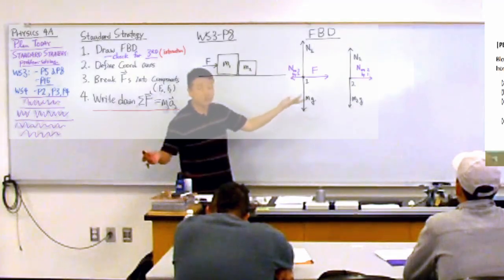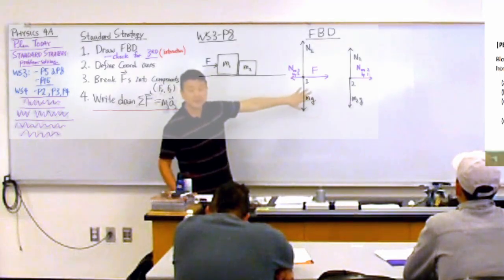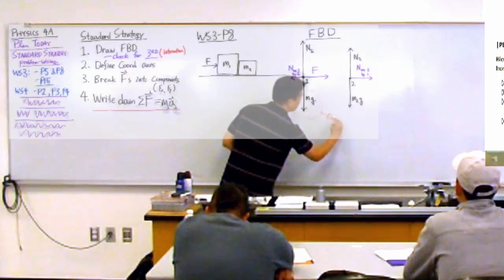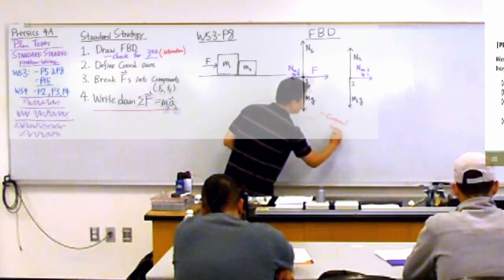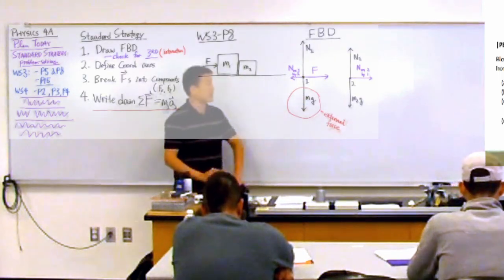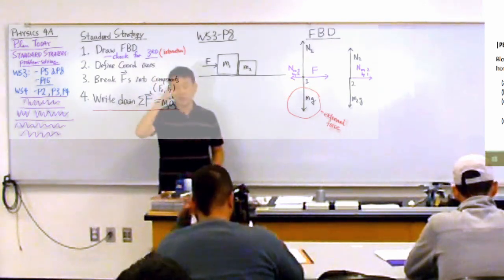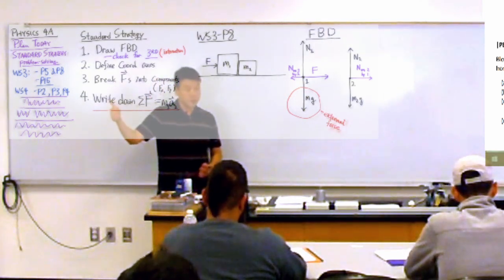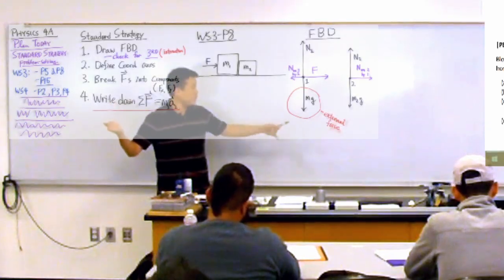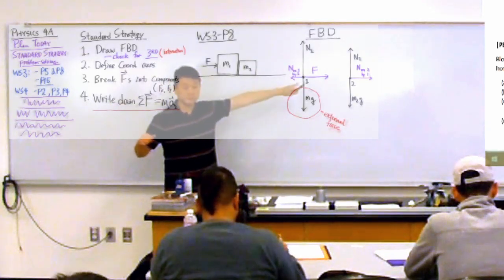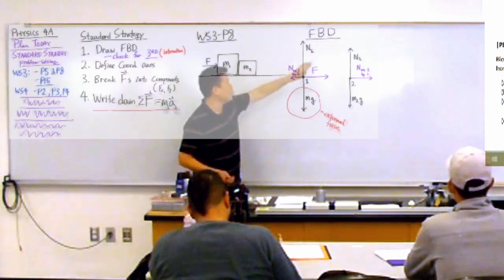I could draw the force on the Earth, but it's not in my system. So I'm going to identify this as an external force. It's a force exerted by an object that's outside my system. If it's an external force, then we've finished our Newton's third law check, because the reaction force does not need to be drawn within our system. Good? Let's keep going. Normal force.